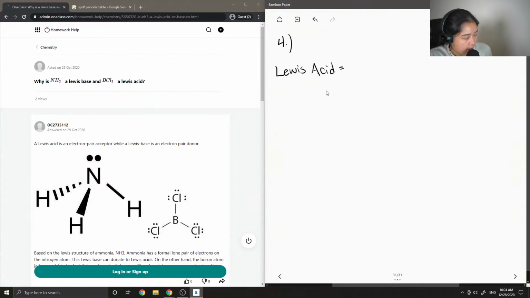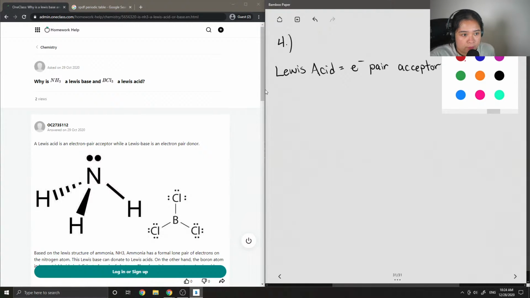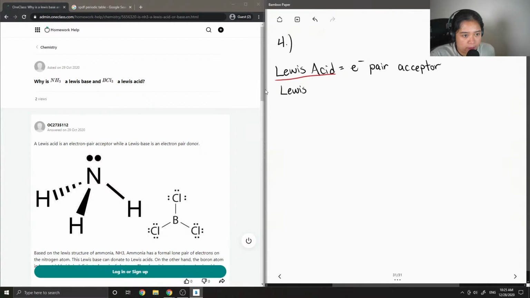A Lewis acid is considered an electron pair acceptor, and a Lewis base is the opposite, and it's described as an electron pair donor.